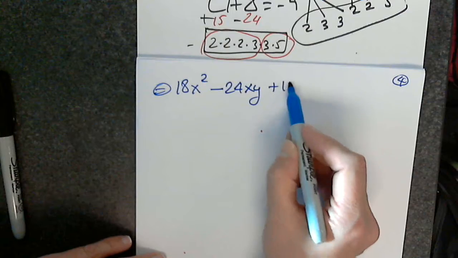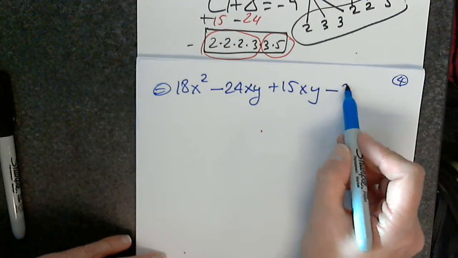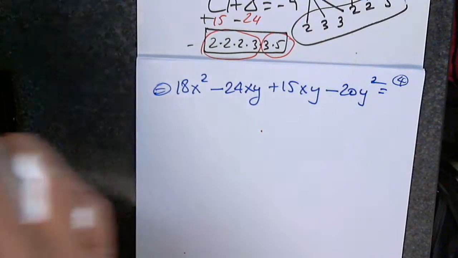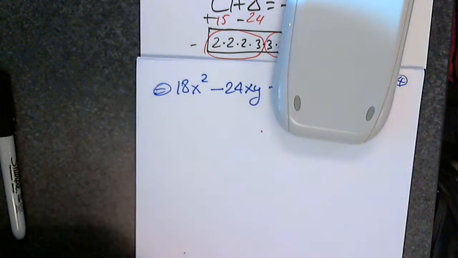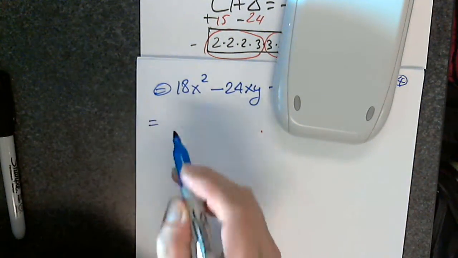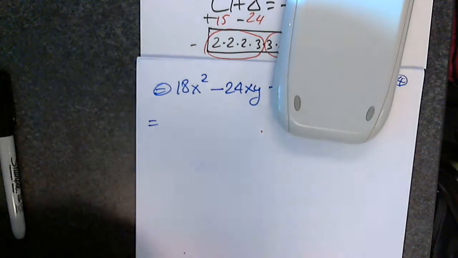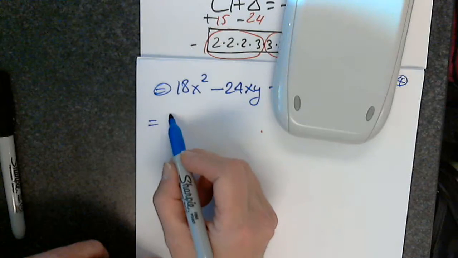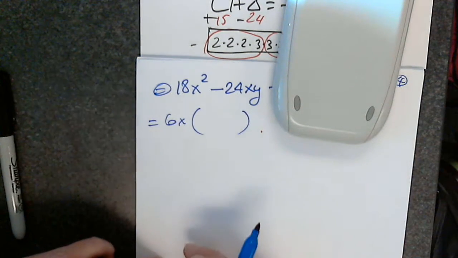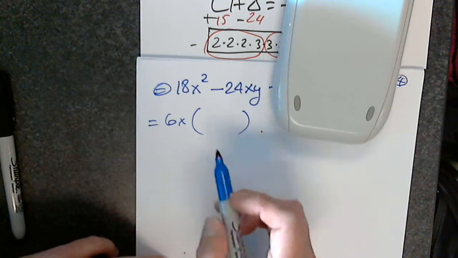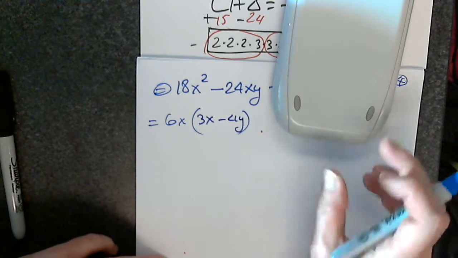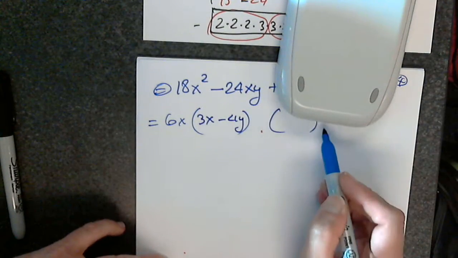Perfect. Excellent. So what do I do now? Good. So can anyone tell us what to factor out from the first two? Very good. What is left in parentheses? Excellent. What do I have to have coming out from the other two?